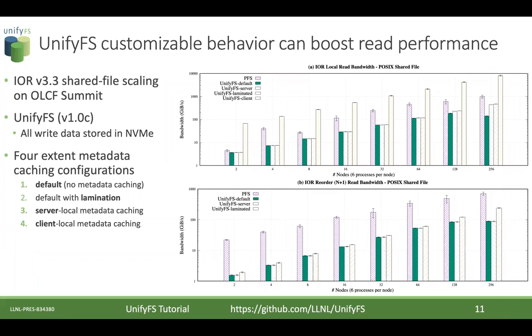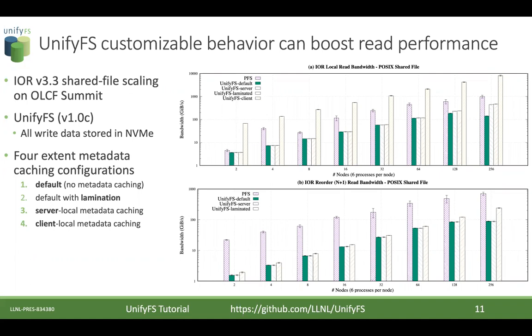And so in the top graph here, the takeaway is twofold. One is client caching is really good when you can do it. But as I said, it's only useful in very limited circumstances. But if you can, you get great performance and great scaling.